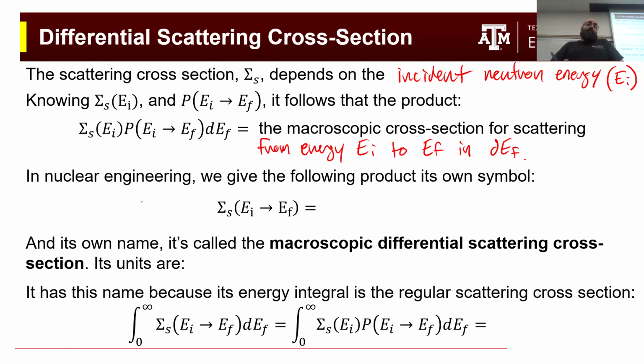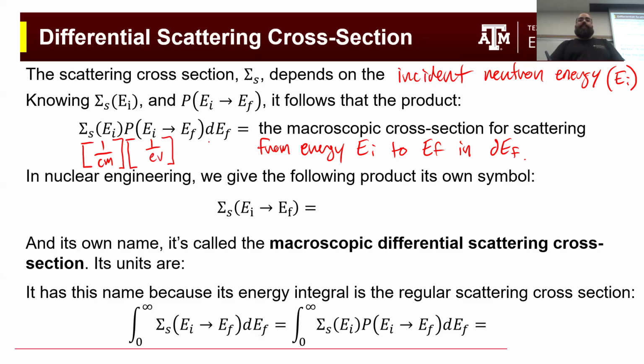If we think about the units, sigma S is just a reaction cross section, so it has units of 1/centimeters. That probability density function has units of inverse energy, like 1/eV.